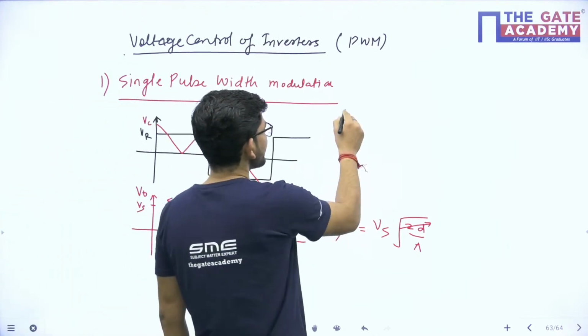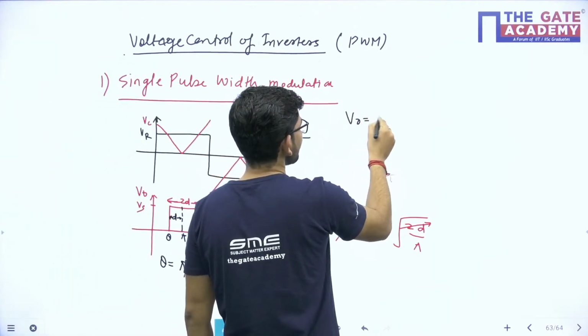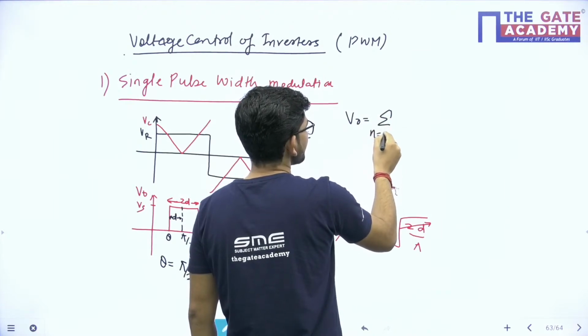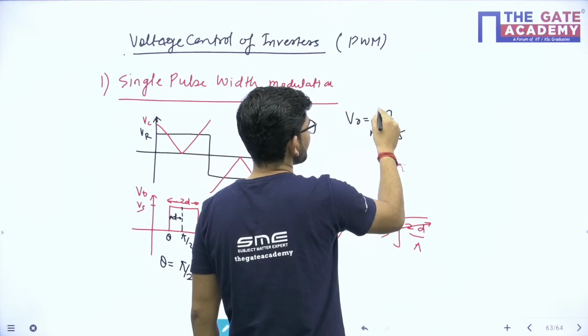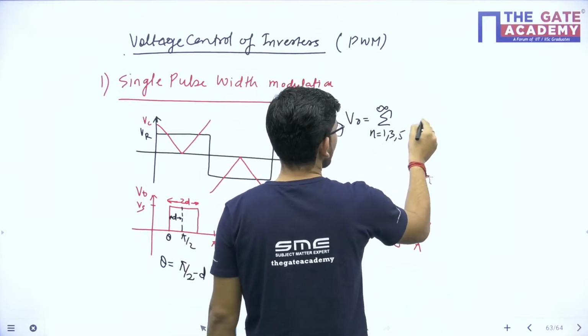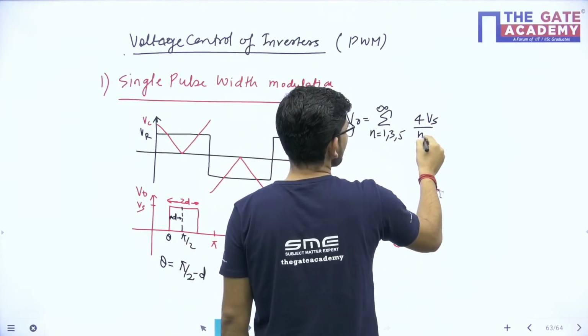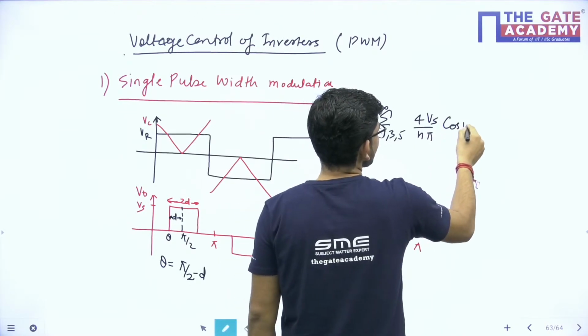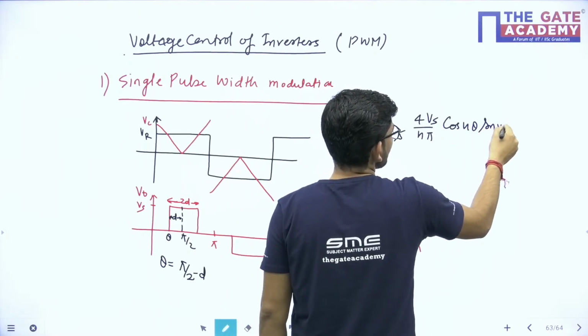Okay. So what is the Fourier series that we have? For a quasi square wave, the Fourier series is the sum over n equals 1, 3, 5 to infinity of 4 Vs upon n pi cos n theta sin n omega naught t.